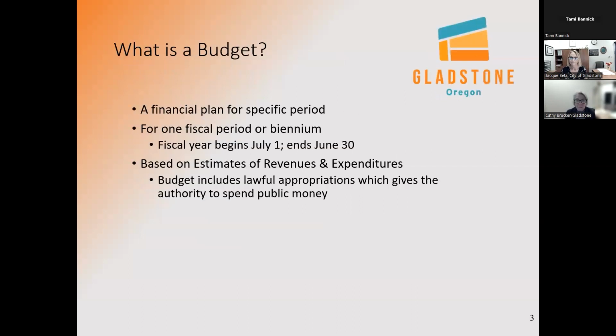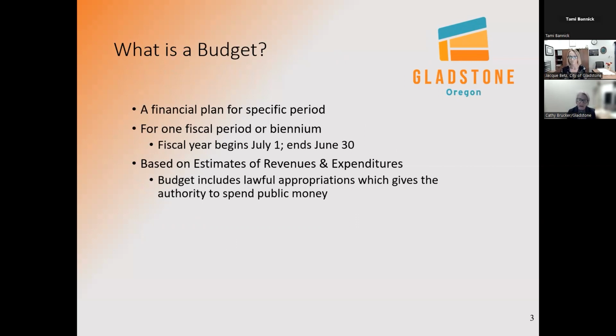So what is a budget? It's a financial plan for the city. It covers our biennium period. A biennium budget will run from July 1, 2023 through June 30th, 2025. The fiscal period is 1 year, so our budget will contain 2 fiscal periods.